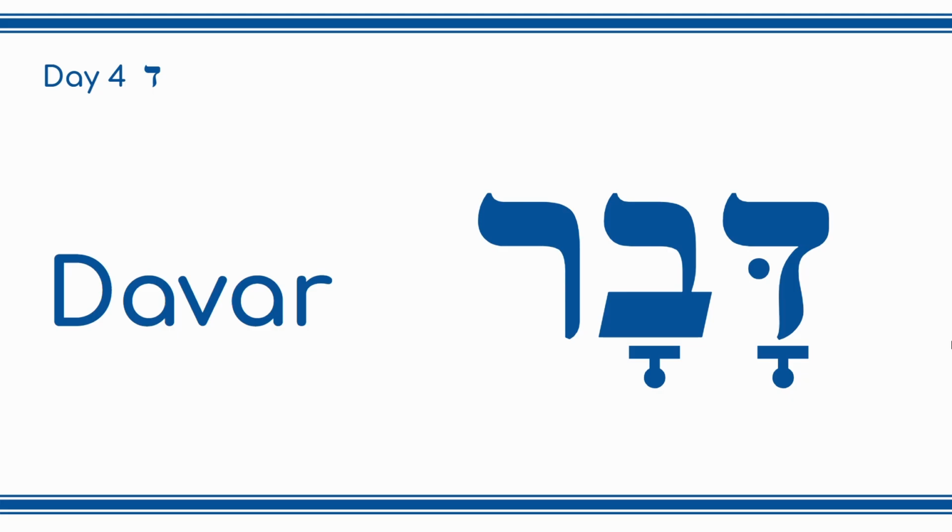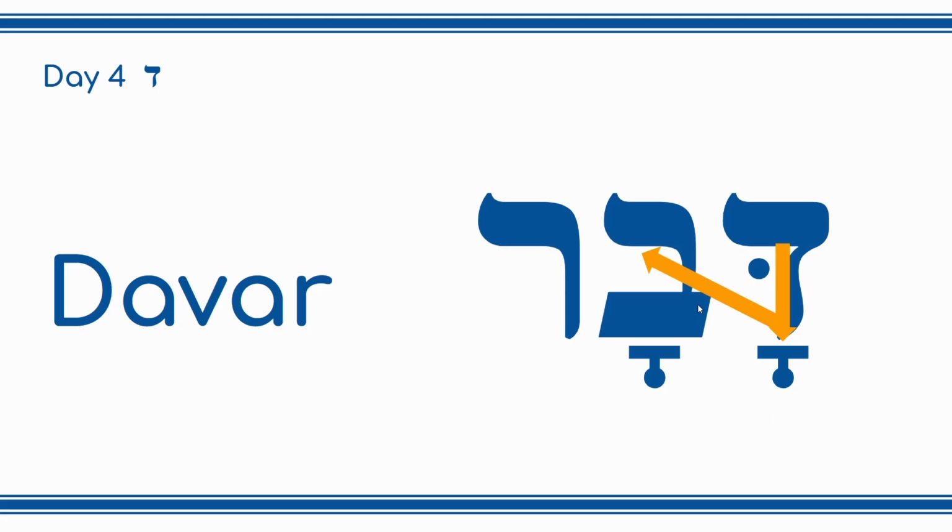Okay, the word you're going to be looking at is the word davar, and to pronounce it, you're going to first look at the consonant. The consonant is Dalet, which makes a d sound. Then you're going to look down and you're going to see the kamatz, which makes an ah sound. Then you're going to look over, you're going to see the letter vet. You should know this letter by now.